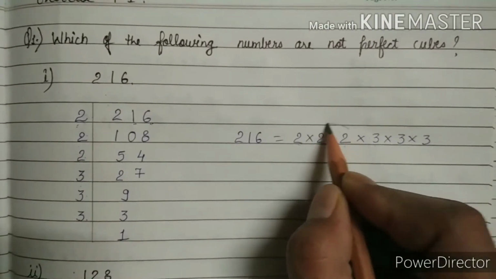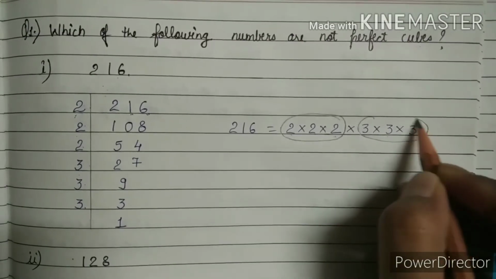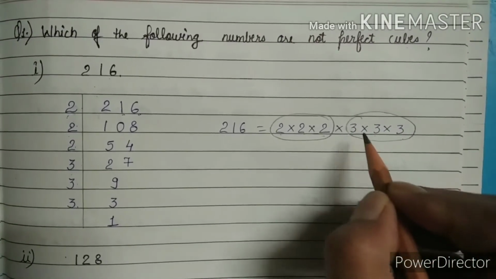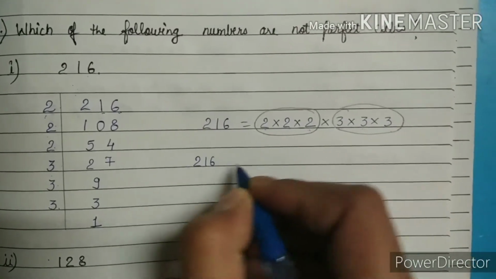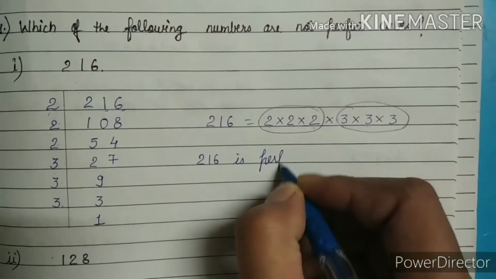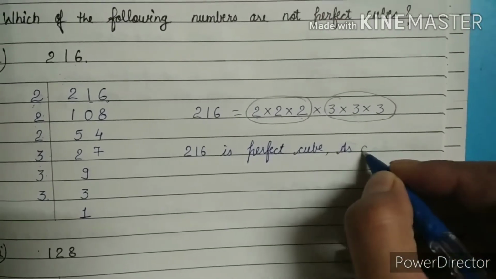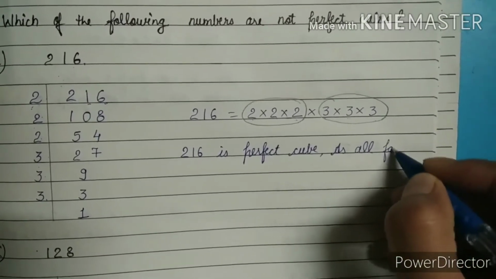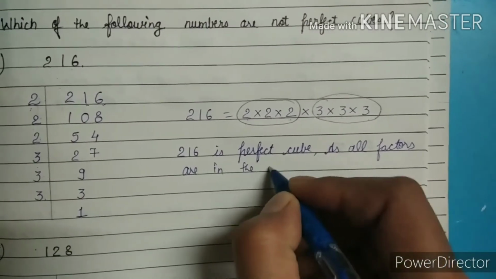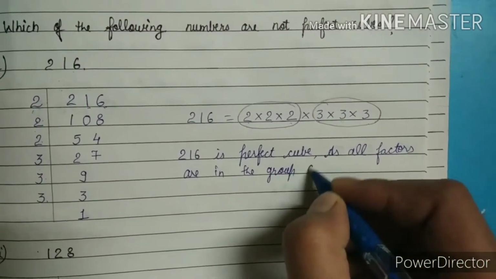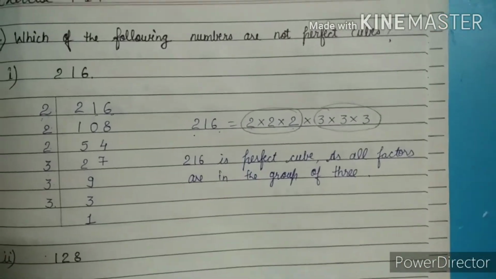When we group them in 3s, we have a group of 3 twos and again a group of 3 threes. It means 216 is a perfect cube, and the reason is that all factors are in groups of 3.